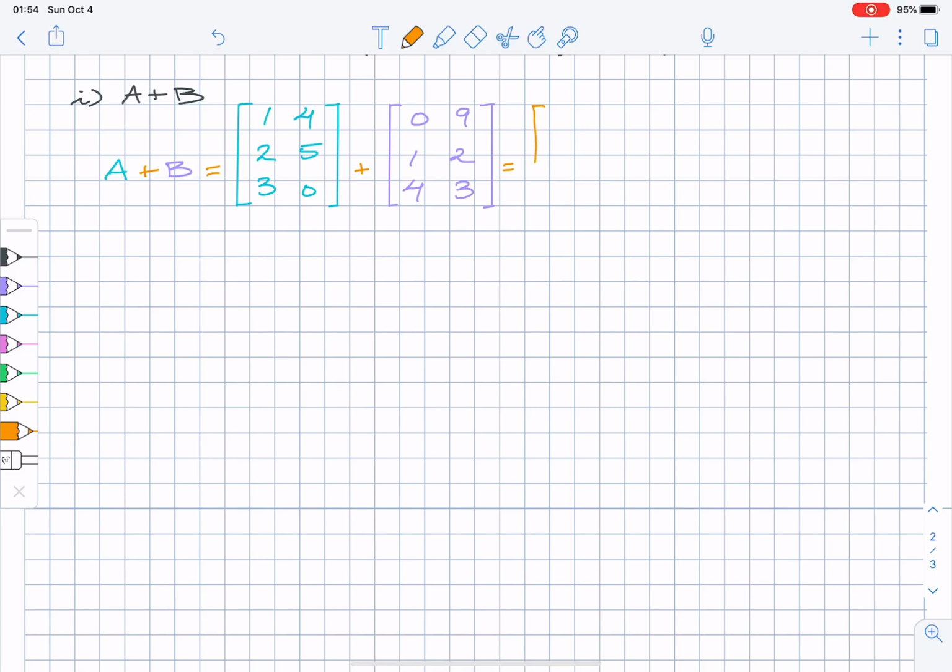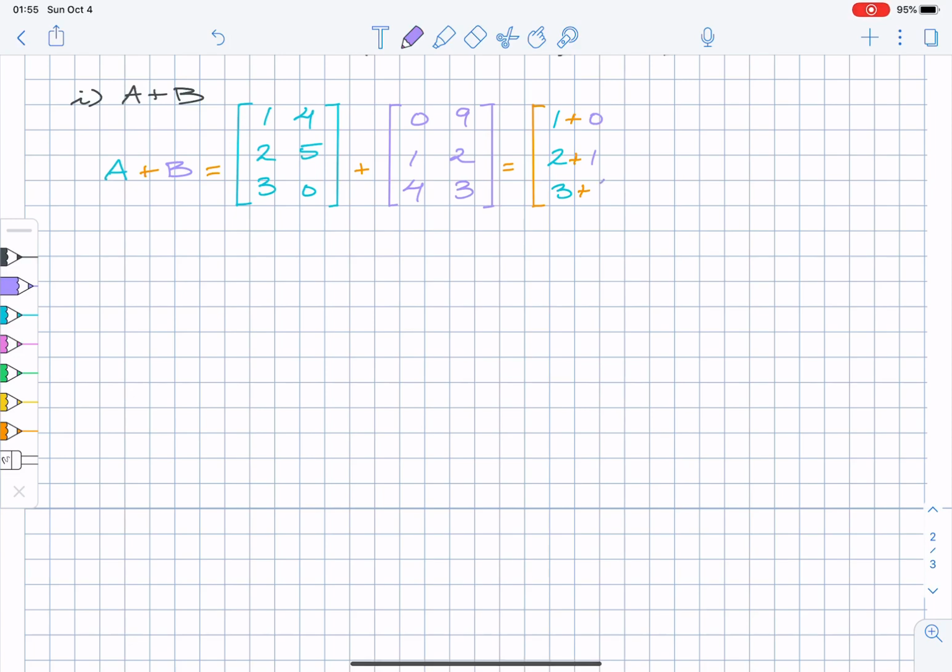the resultant matrix is going to add term by term. So the first entry will be 1 plus 0. The second entry will be 2 plus 1. The third entry will be 3 plus 4.